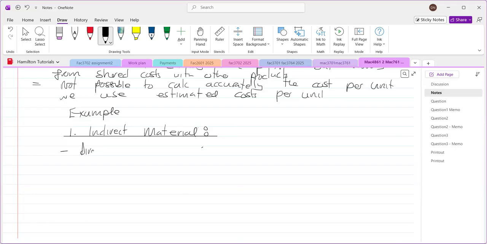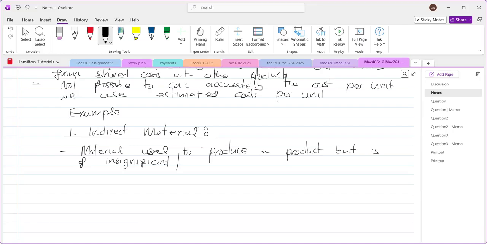Let me say this is material used to produce a product, but is of insignificant or low value, compared with the overall cost of the product.